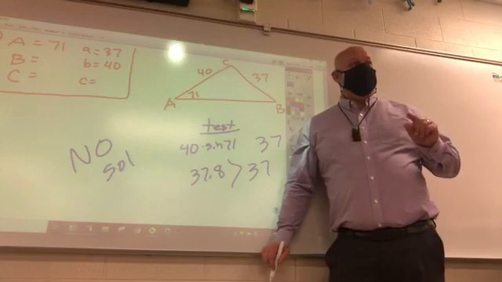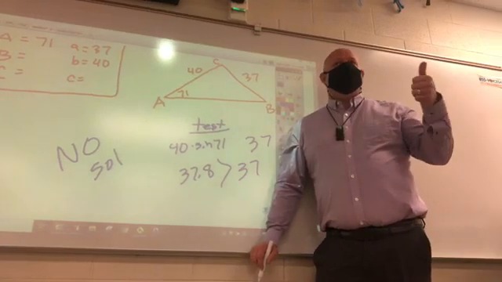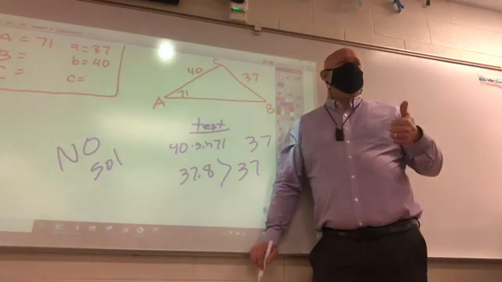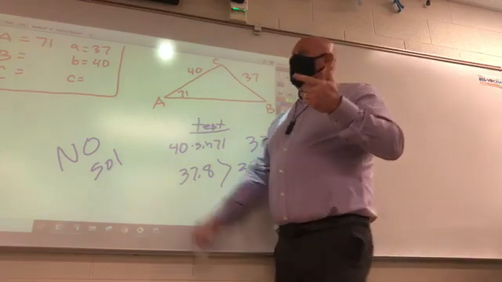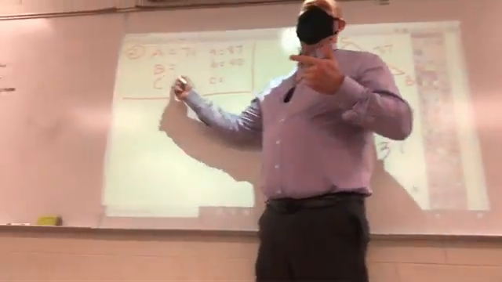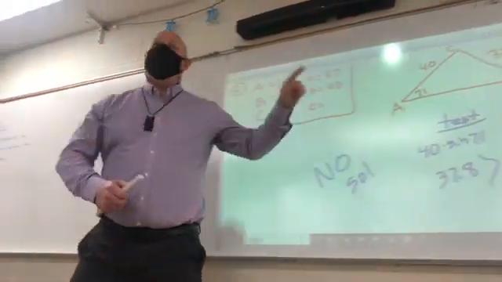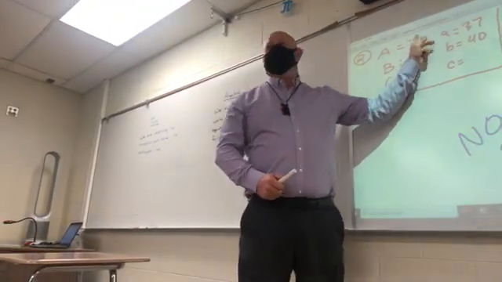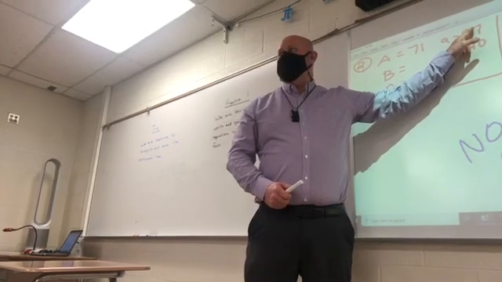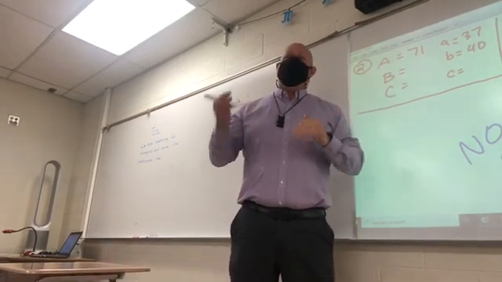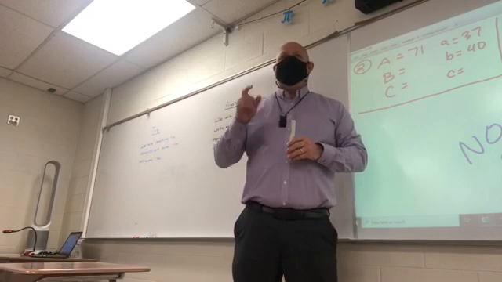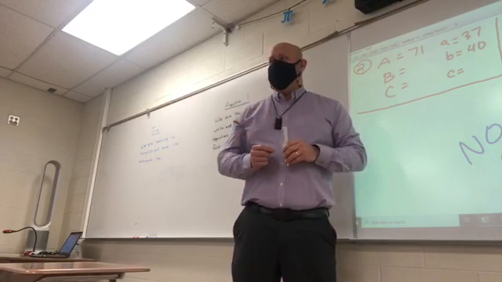Weird things will happen. You'll get errors in your inverse sines. You'll get angles that add up to more than 180 degrees. You'll get sides where the biggest angle is not opposite the biggest side. You'd go, wait a minute, that's a triangle that can't possibly work.